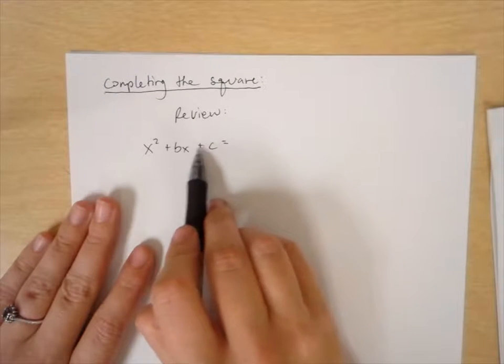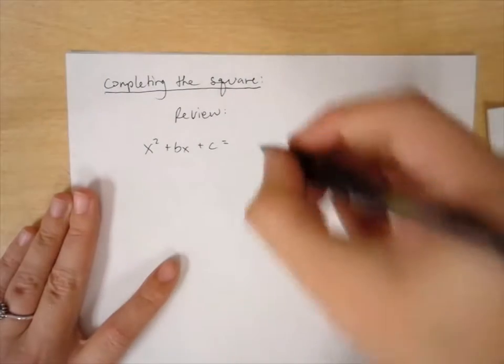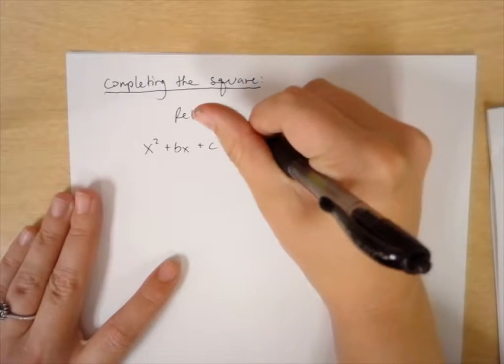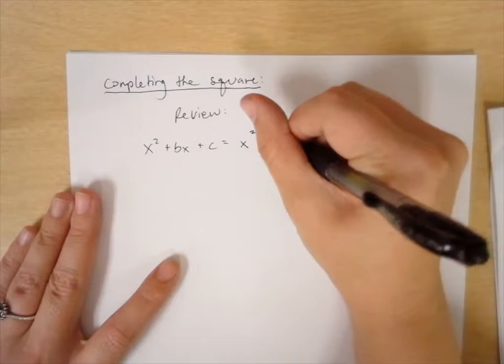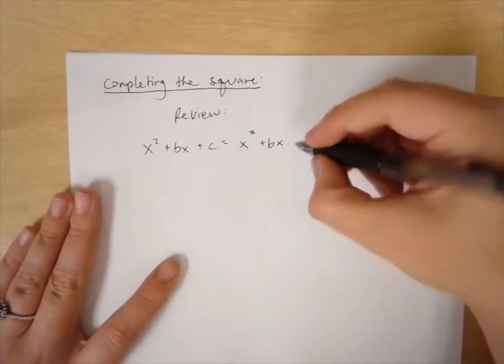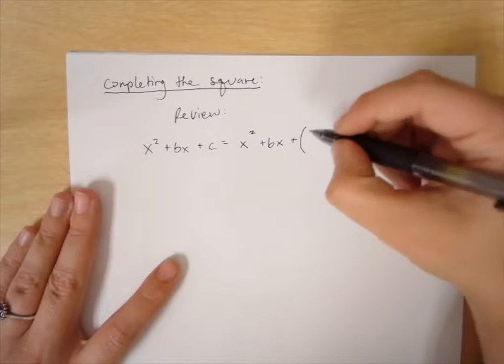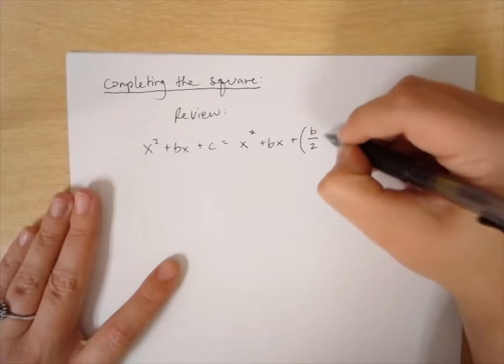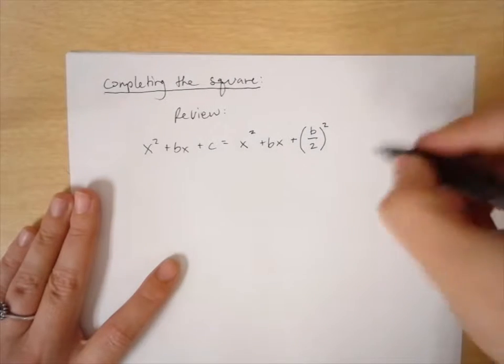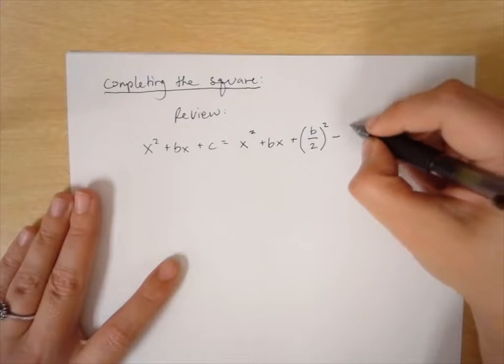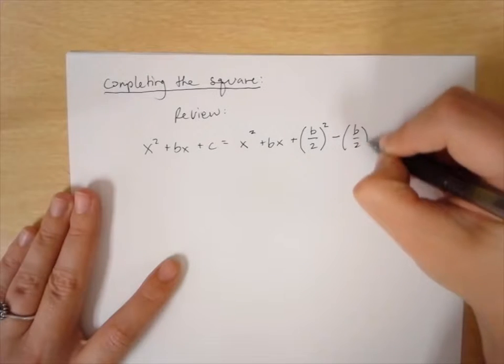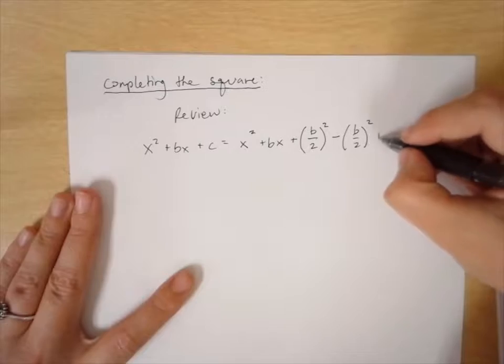We can add something and subtract something, and here's what I mean by that. We can do x squared plus bx, and then right here is where we can add parentheses b over 2 squared, and we can subtract b over 2 squared, and then we can add a plus c.